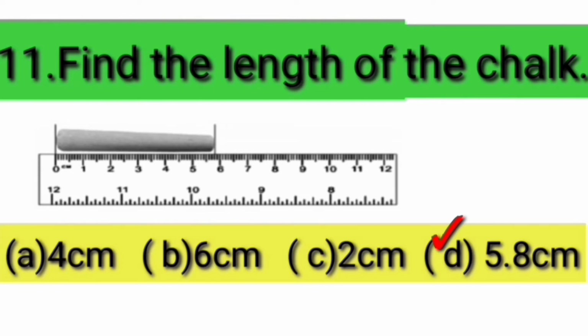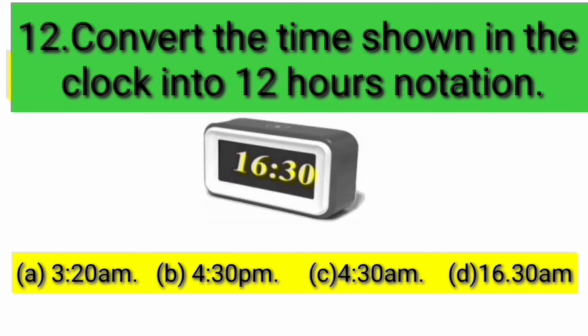Now let's move forward to the next question. Question number 12 is: convert the time shown in the clock into 12 hours notation. Here we are given 4 options. We have to choose the correct option and tick mark it. Dear students, look at this picture very carefully.